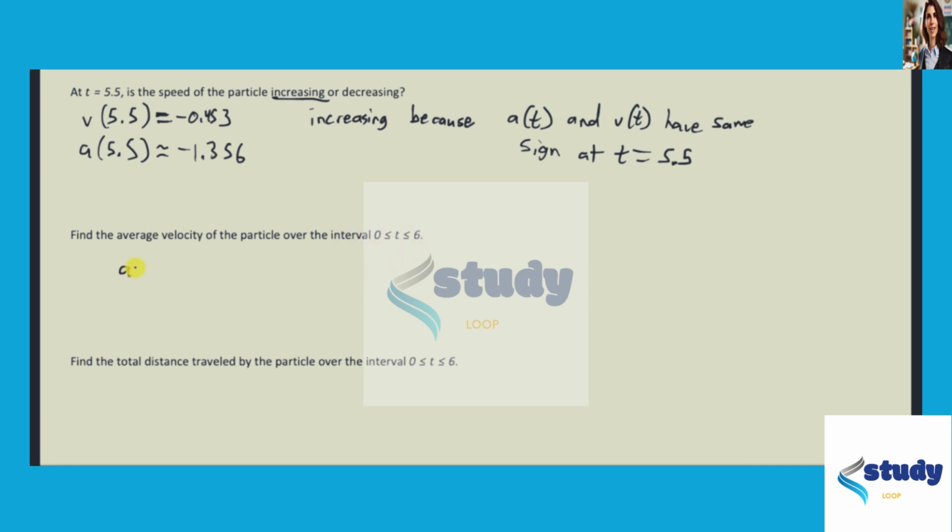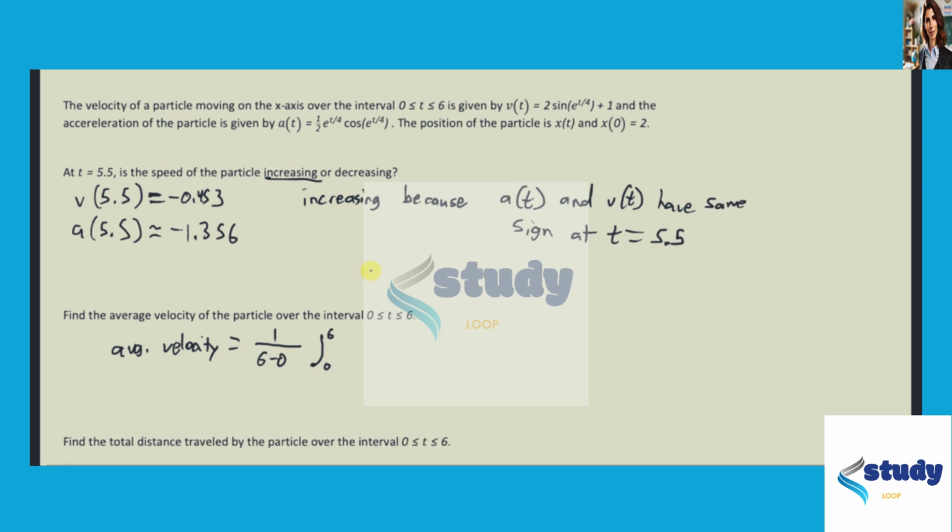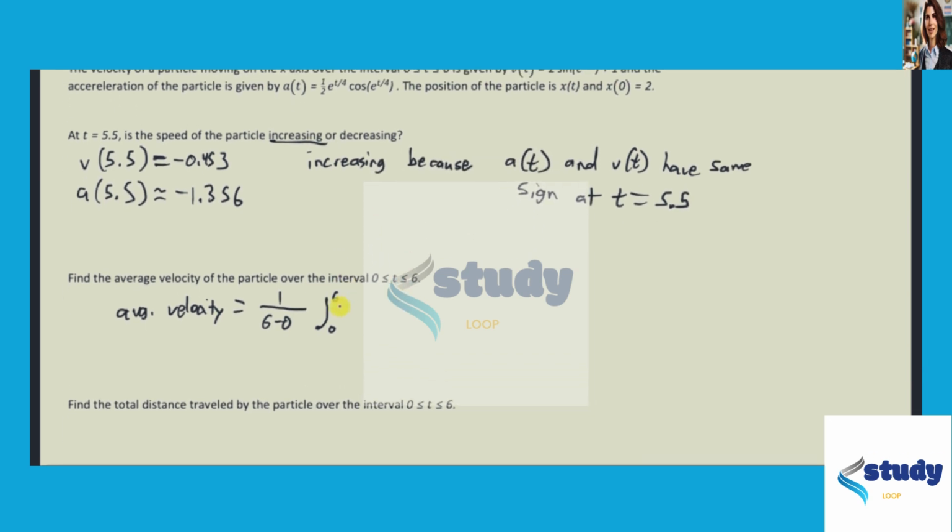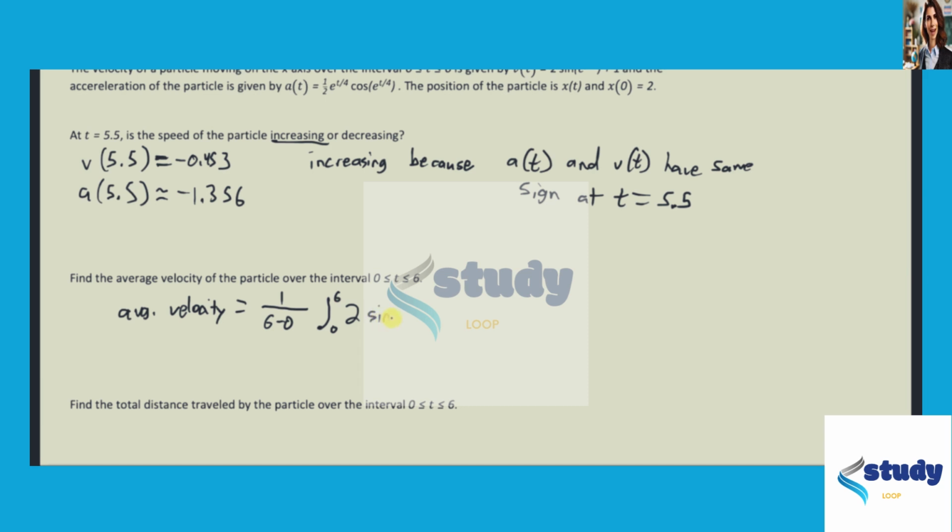So the average velocity would be 1 over the difference between these times, so 6 minus 0, times the integral from 0 to 6 of the velocity function, which was 2 times the sine of e^(t/4) plus 1 dt. We can run that in a calculator.